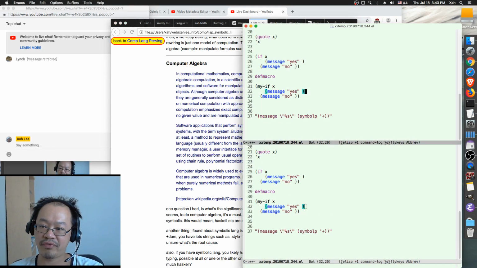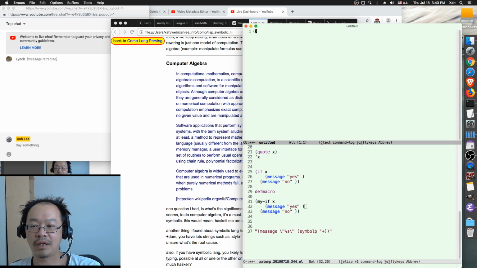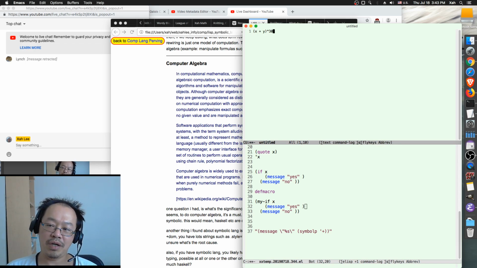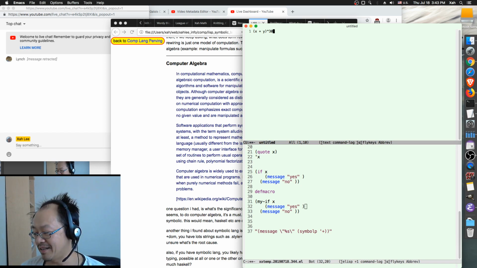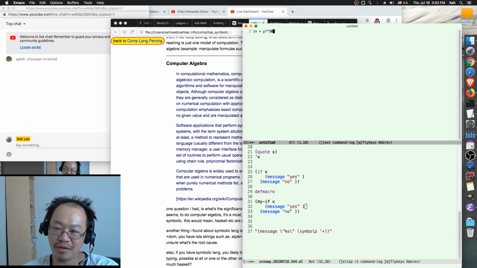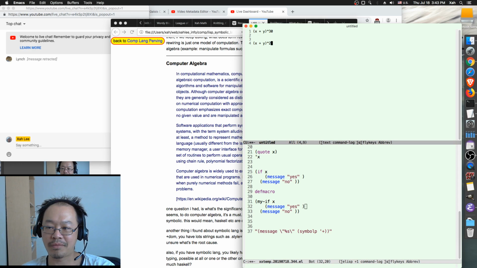In computer algebra, for example, you have x plus y, raised to the power of 3, or 30, something like that. You want to expand that. If you don't know math, let me show you.